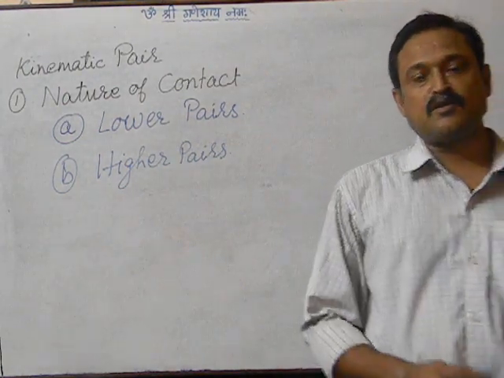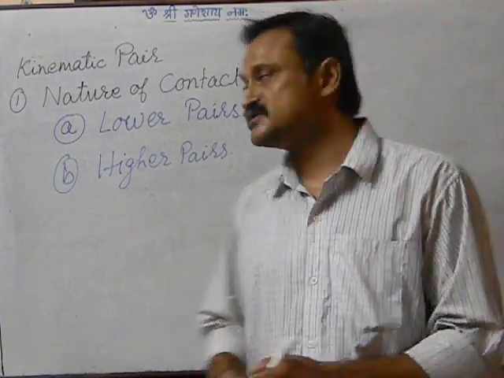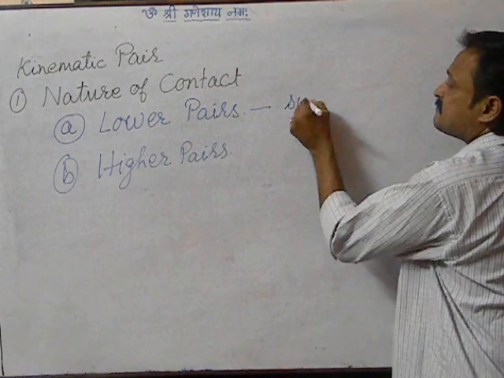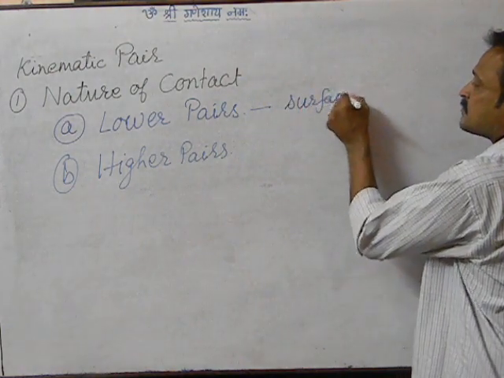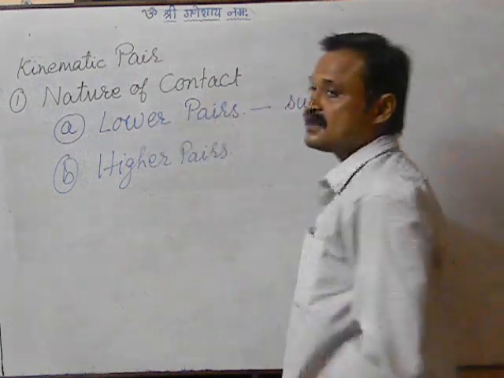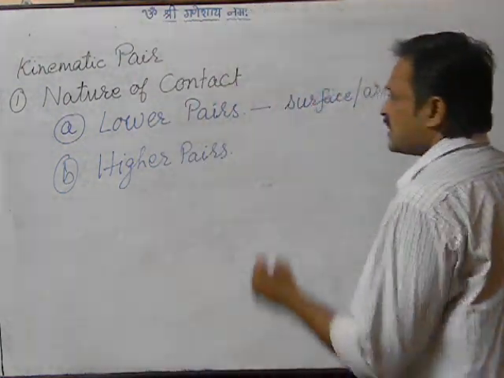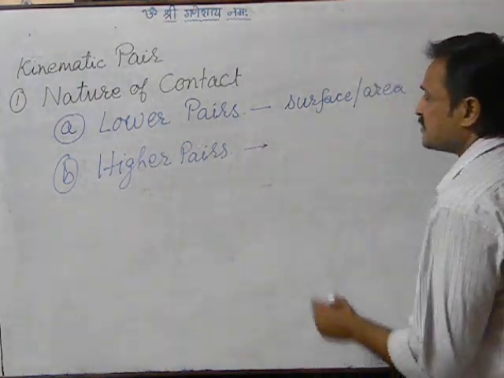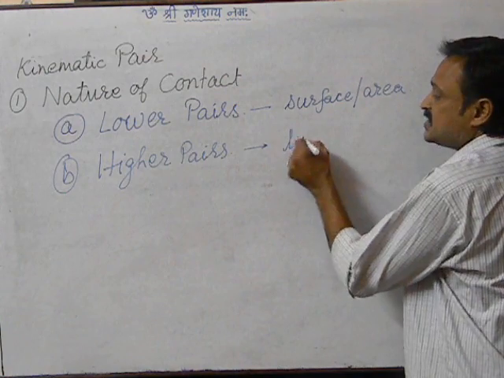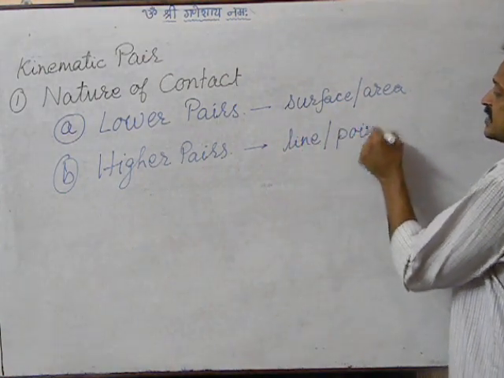When the contact between the two links where we are forming the joint is a surface contact or area contact, then the pairs formed are called lower pairs. And in case of higher pairs, the contact between the two members is a line contact or a point contact.